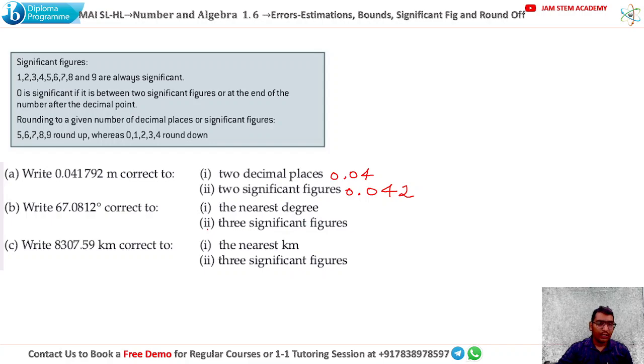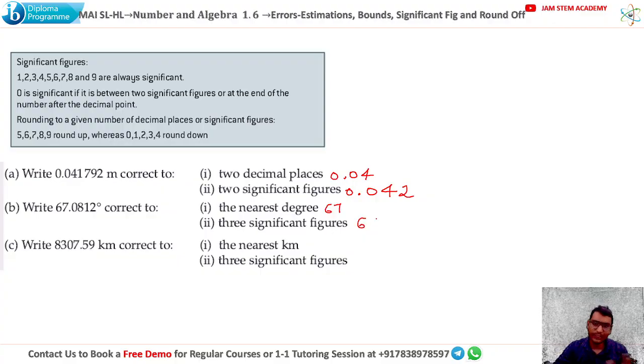Next. Write 67.0812 degrees to the nearest degree. Nearest degree. So 67 point, what's the next? 0. So because of this 0, you can leave your answer at 67 only. But three significant figures. Okay. So in this way, you have to correct your answer up to three significant figures.